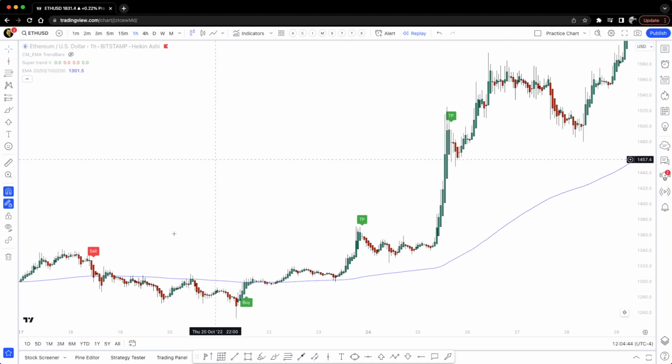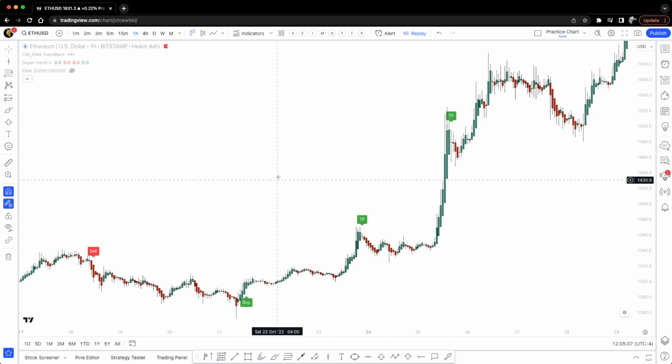If you want to maybe even improve it a little bit, you still have some noise. When the price is pushing up, you have some red candles, bullish candles, bearish candles, bullish candles, and so on. If you want to remove this sort of noise, you can even improve it. You can actually use the CM EMA Trend Bars, and this is what you're going to get.